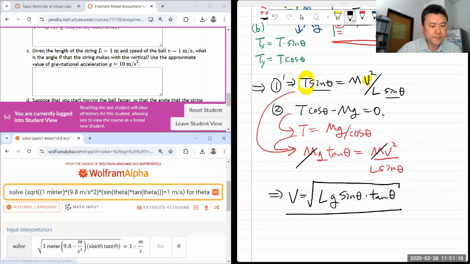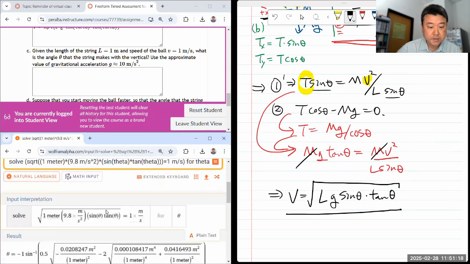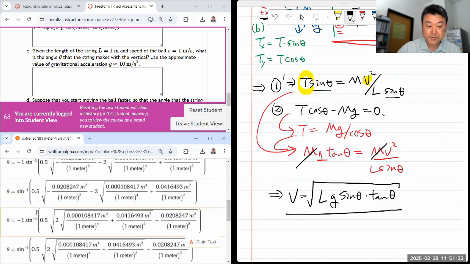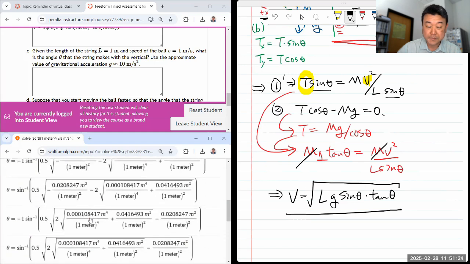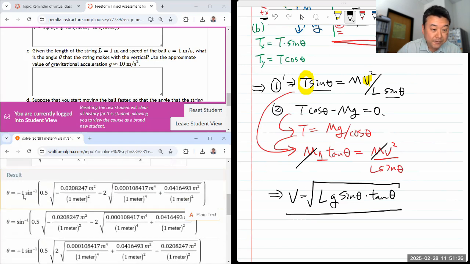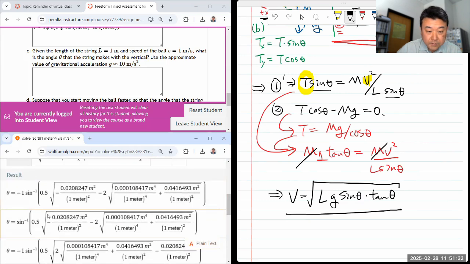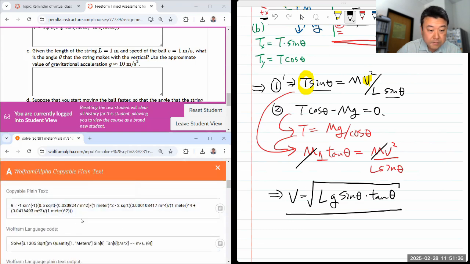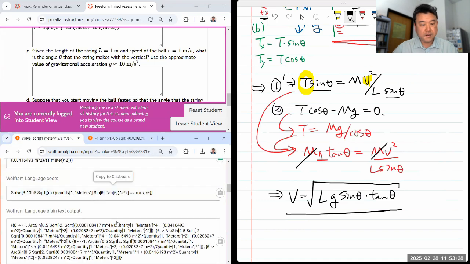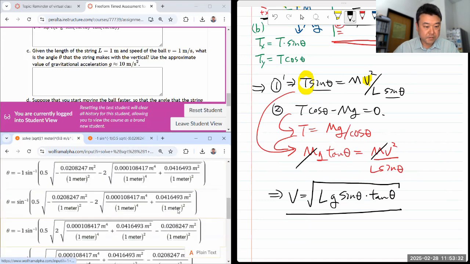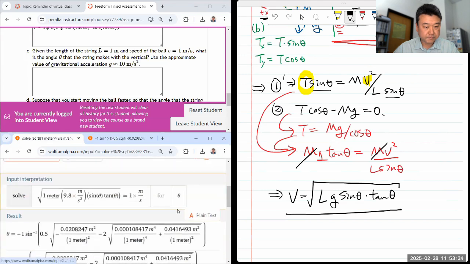I think Wolfram Alpha should be able to do this. It's actually a pretty complicated expression, but I think this is all right. Let me just get an answer here. Or can I? No. Let me just do this in a calculator. Sorry, I'm wasting a lot of time.